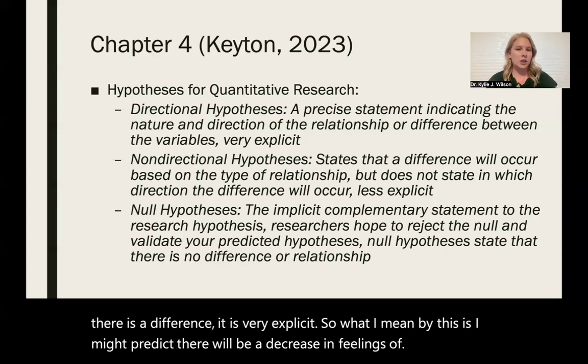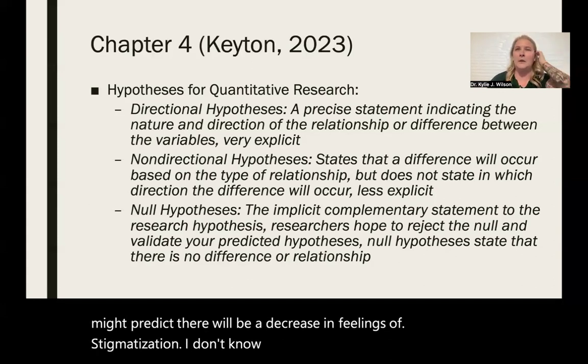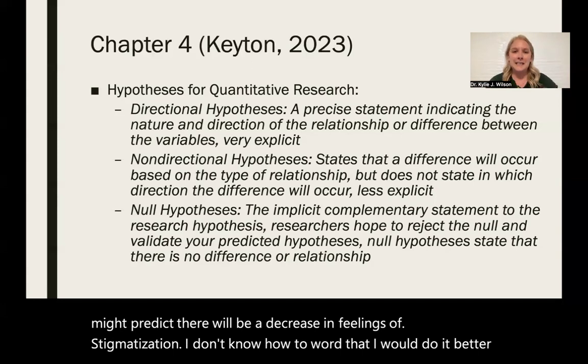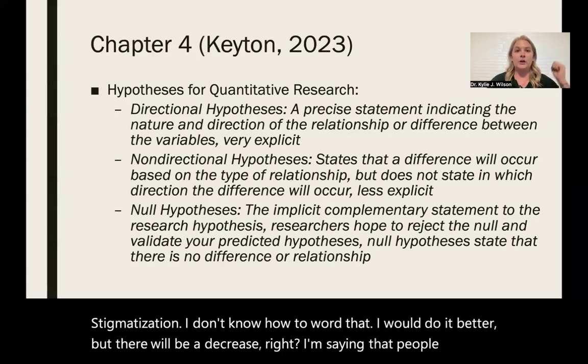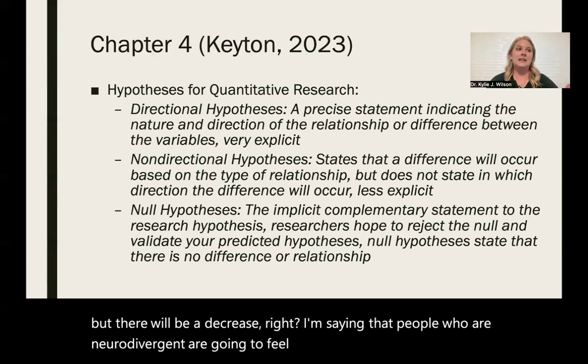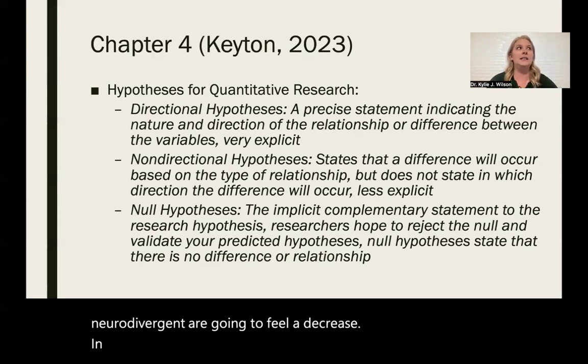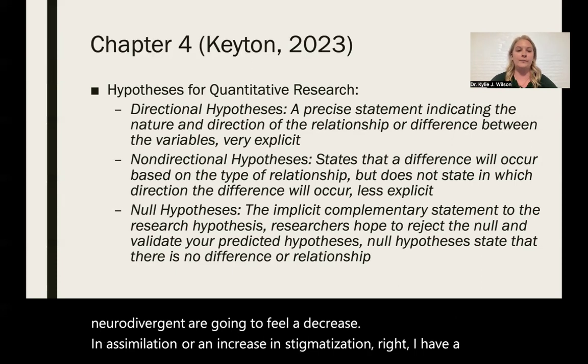I don't know how to word that I would do it better, but there will be a decrease, right? I'm saying that people who are neurodivergent are going to feel a decrease in assimilation or an increase in stigmatization, right? I have a direction in which it's going.